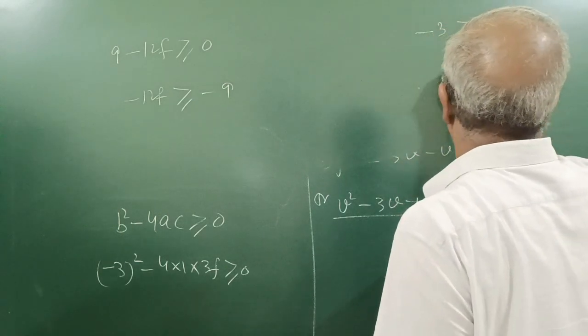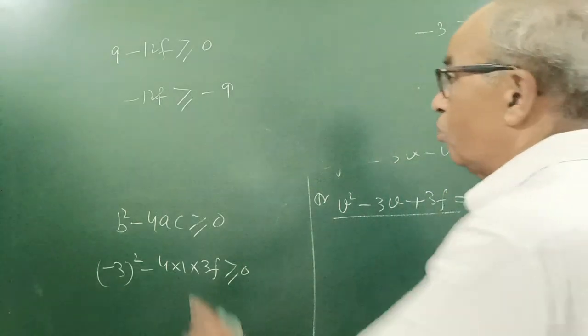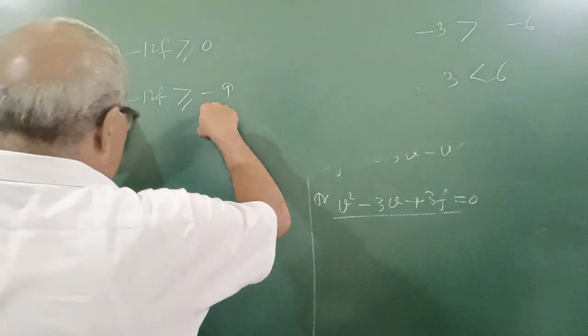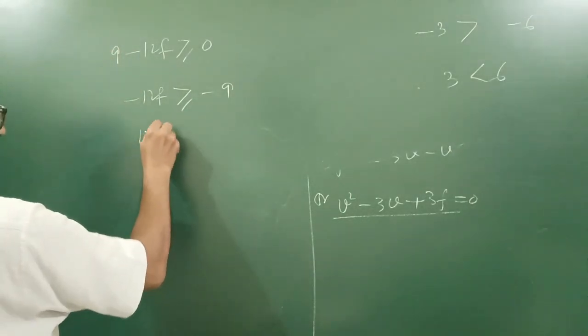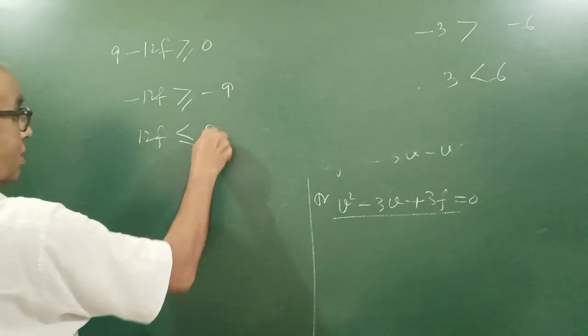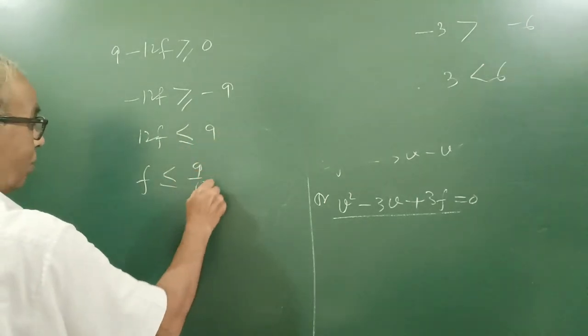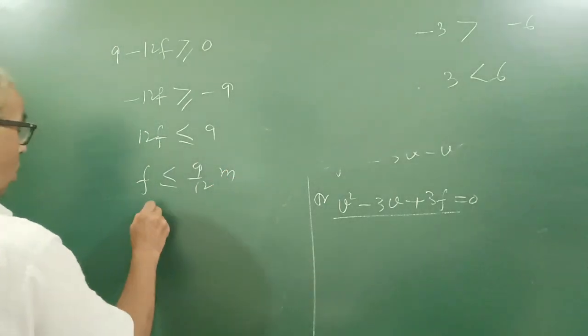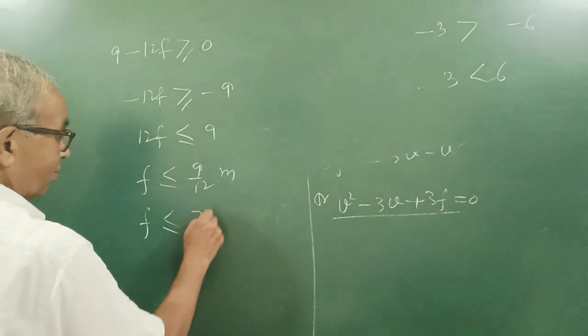If I remove the sign, it becomes 3 less than 6. So if I cancel the sign, we have to write 12F less than or equal to 9, or F less than or equal to 9 upon 12 meter. If you convert to centimeter, F is 75 centimeter.